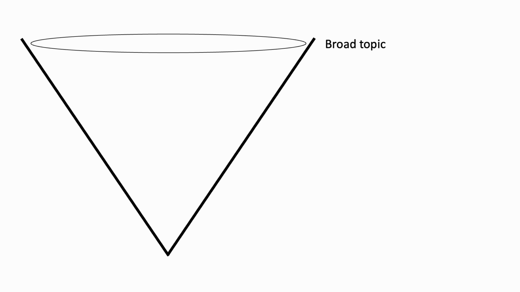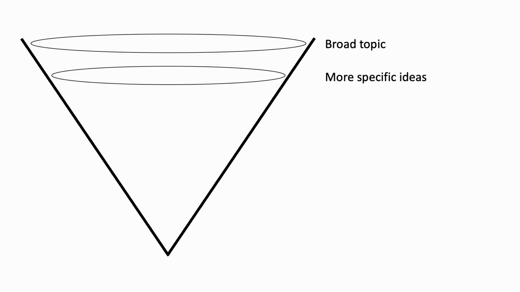The next step is to then bring it down to a more specific area. So depending on where you're starting in your broad topic, and this might depend on if you have a time limit, a page limit, or just so that you don't want to confuse your reader and give them too much of a broad topic, the more specific idea could now be, for example, just diesel. So no longer petrol or petroleum products, it's just simply petroleum diesel.